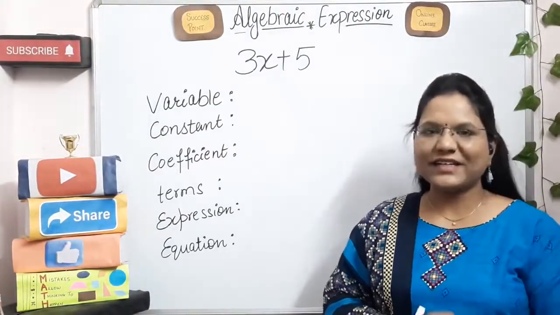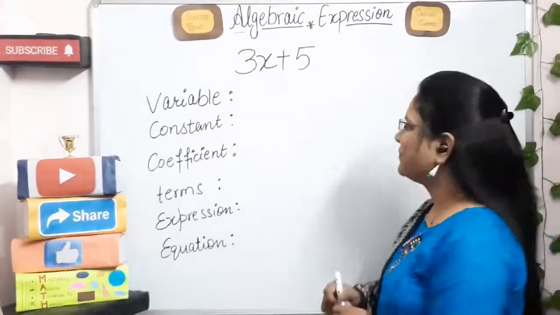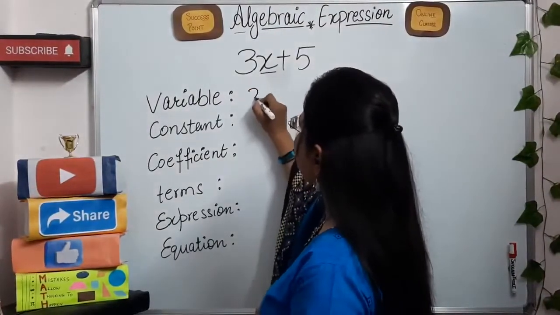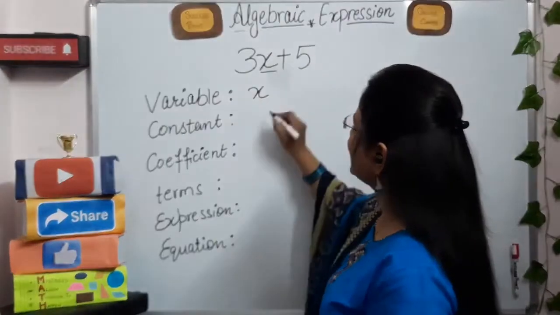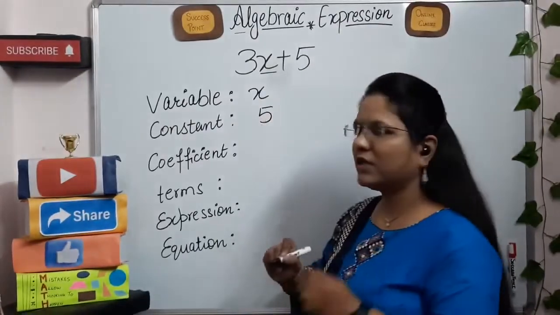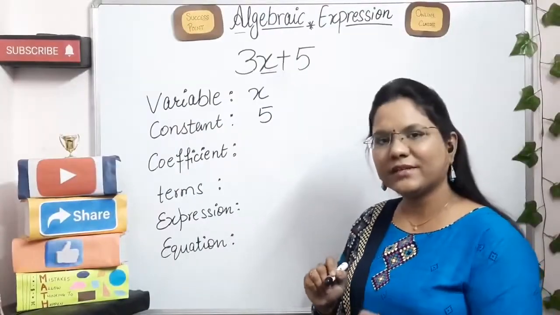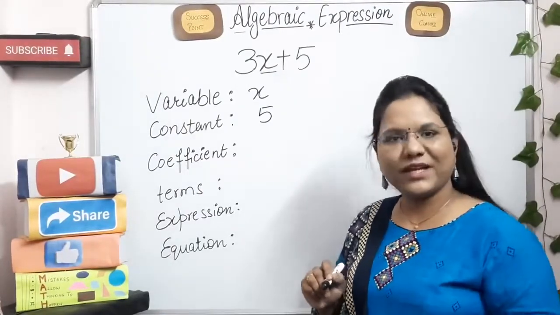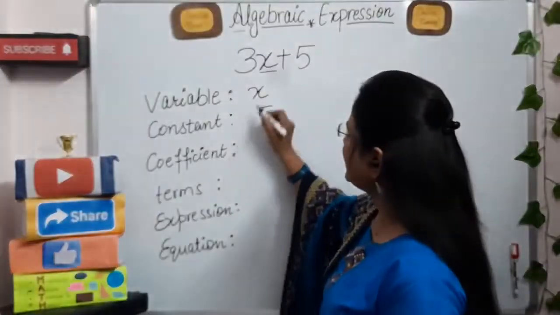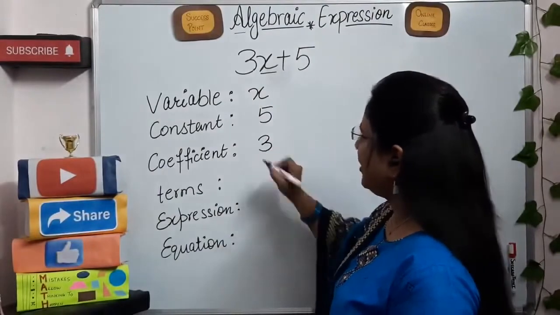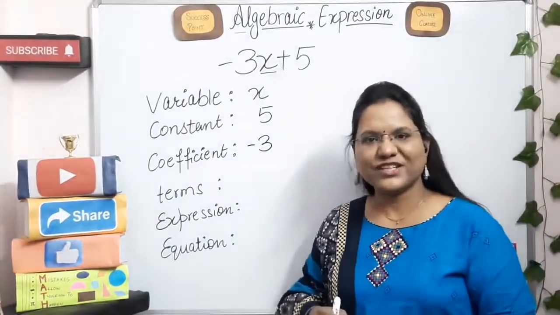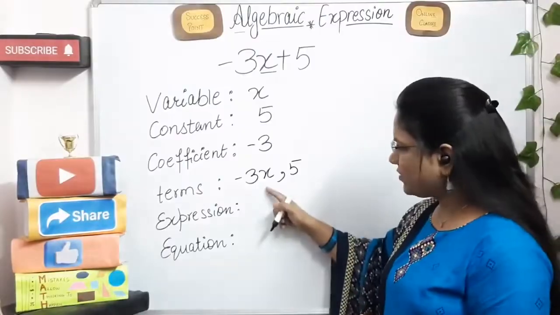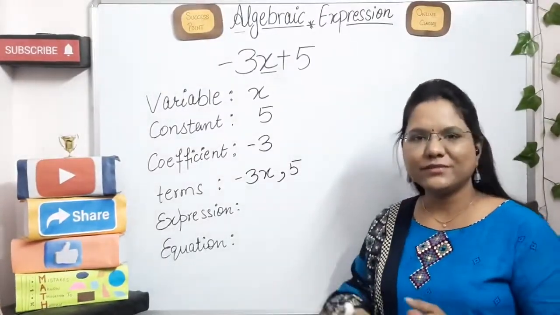Okay guys, so let's revise how much we did till now. What is the variable? Variable is x. Constant is 5, a number without a letter, meaning a number without a variable. Coefficient is 3. If you get a minus sign, then minus 3 will be the coefficient. Now minus 3x and 5 are terms.